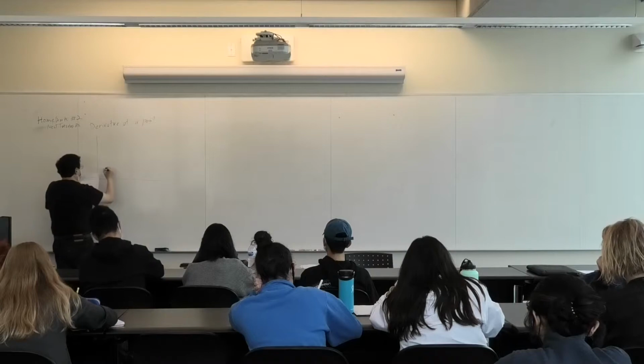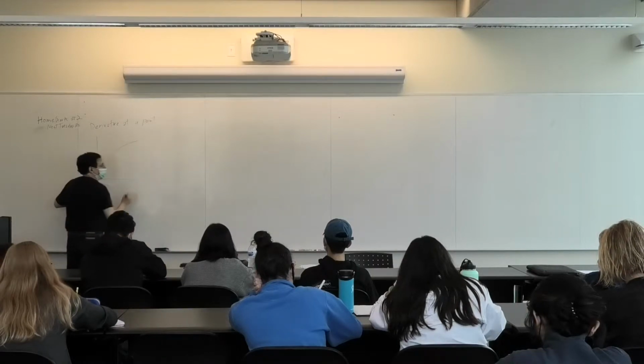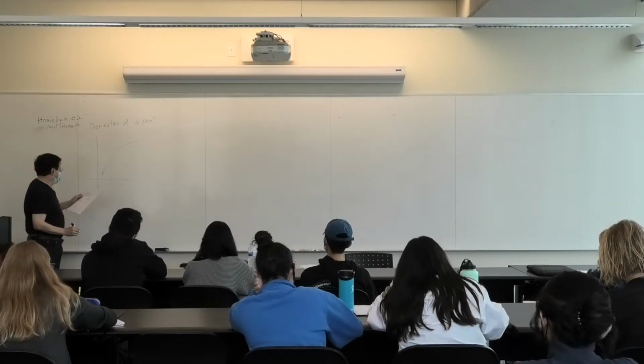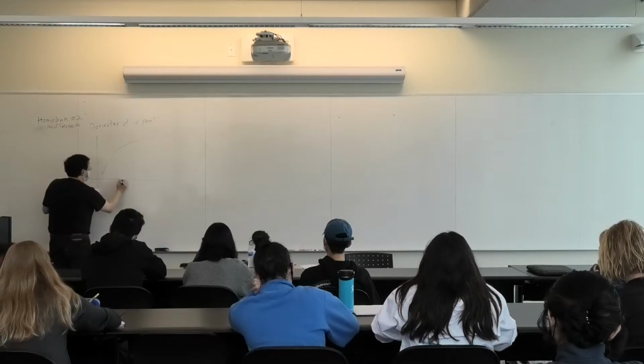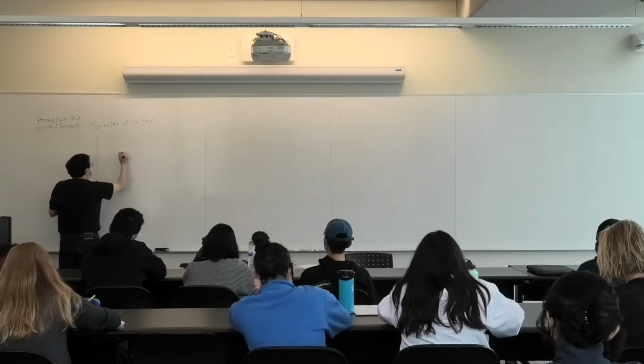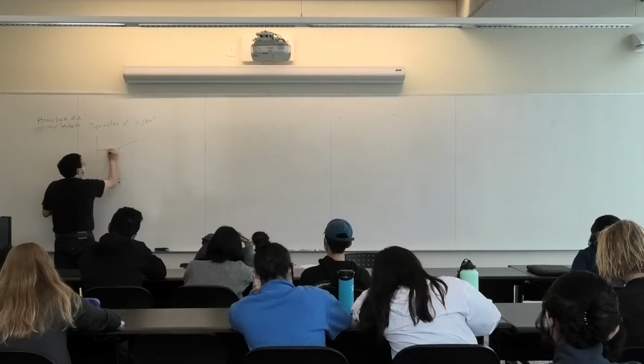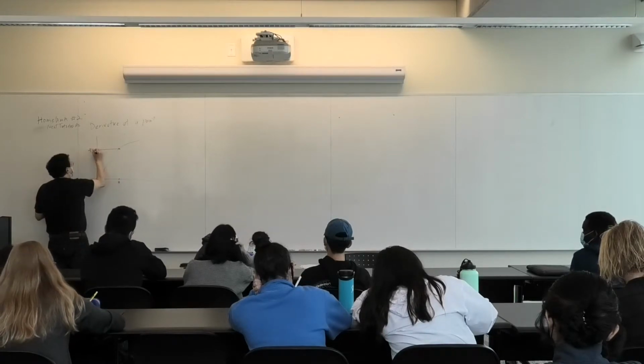So we have some function. I'm going to make it easy to draw. And we have some point A, and it has some value, f of A.